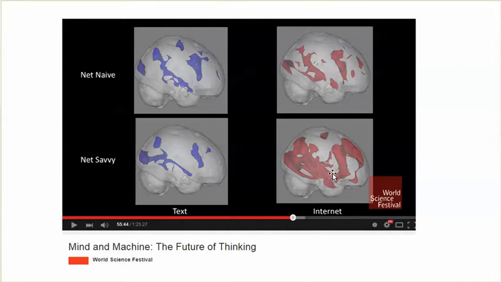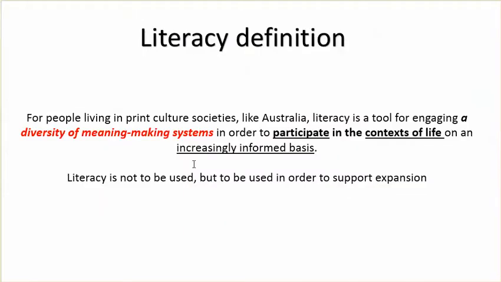So look at this, how many neurons are firing as a net savvy person is looking at the internet. Now, in this lecture, I'm setting up a framework for our work through the semester. And I'm inserting this picture here on purpose because what I will be teaching you is how to support this type of learning, right?